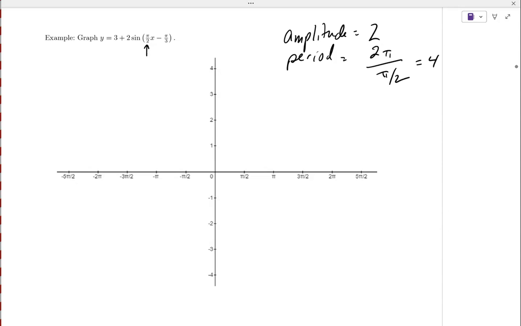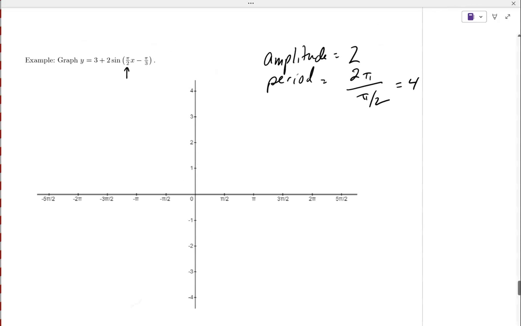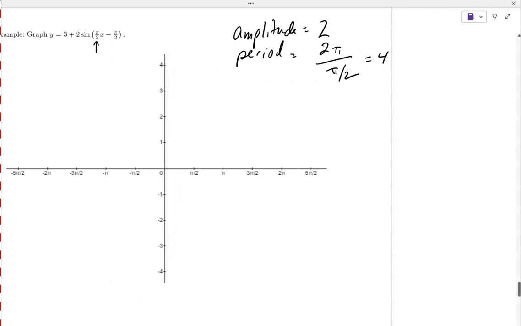How about for the phase shift? What do we do to find the phase shift? Yeah, set the inside piece equal to 0. Good. So it's pi over 2 times x minus pi over 3 equal to 0.